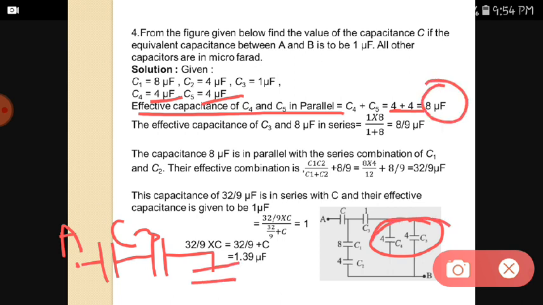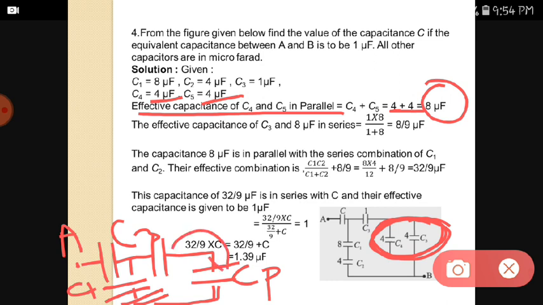So instead of writing both of these, I am writing C parallel, CP over here, and here I am having C1 and another C2. Am I right? Now I can say that this C3 and CP are both in series.